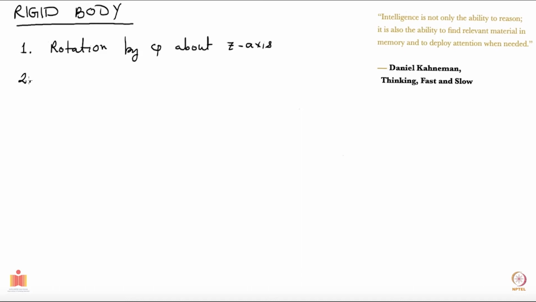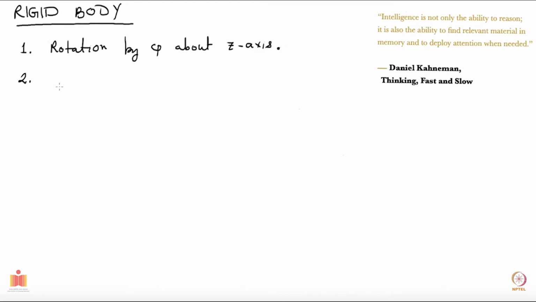Okay, once you are there, you do a rotation. Okay, and you take your z-axis and rotate by an angle theta about the line of node. Okay, so rotation by phi about z-axis, that one is good. So you have rotated, the rotation has happened in the xy plane.